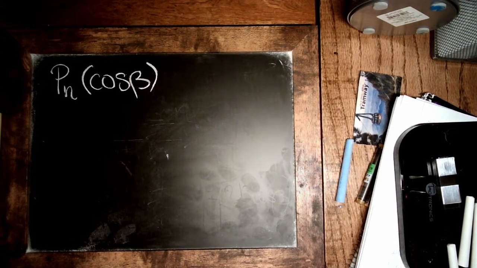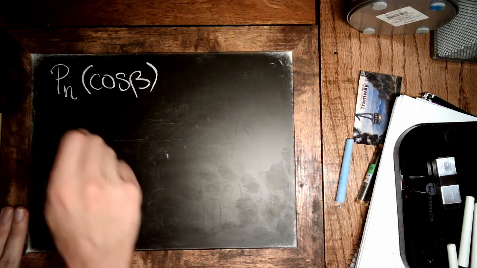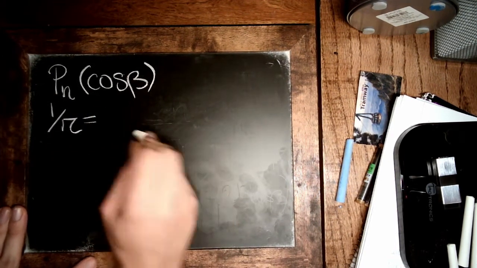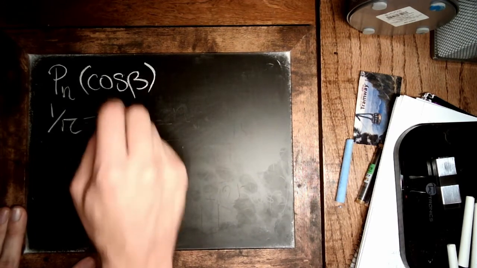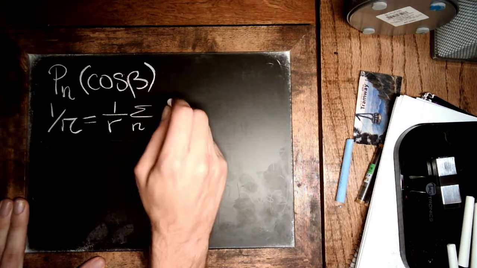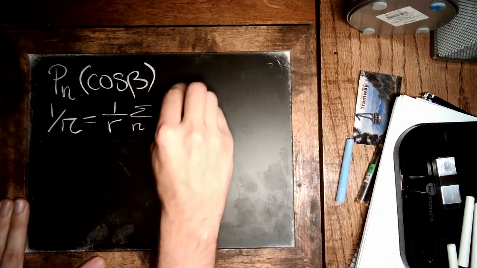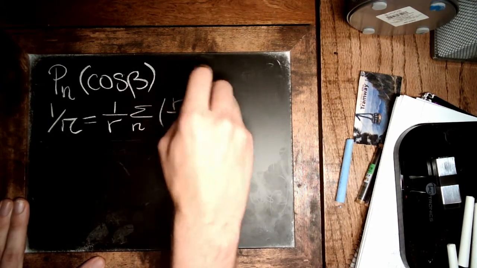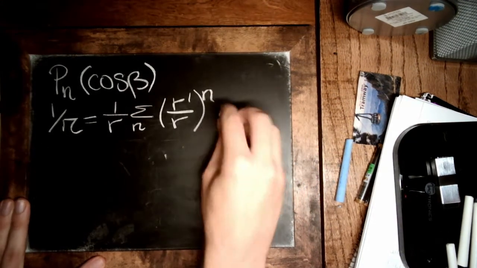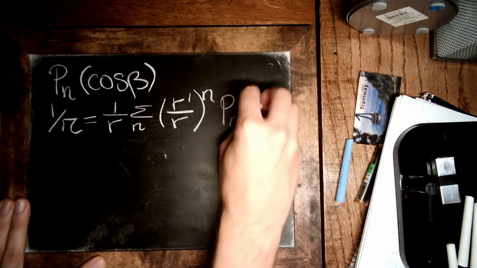Here we're choosing cosine beta as the argument, and n is just some index to tell you which polynomial you're on in an infinite series. 1 over script r can now be written in terms of the regular r as a sum over n, r prime over r to the nth power times the nth polynomial.